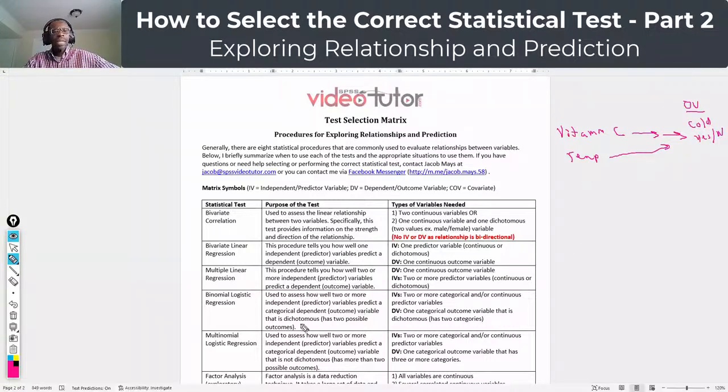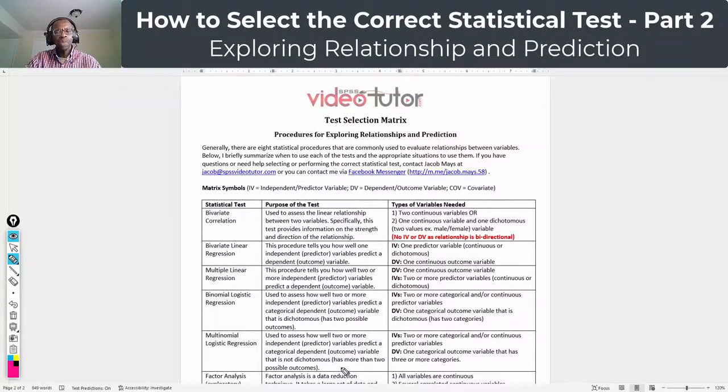Now, for a multinomial logistic regression, we have a situation where your outcome variable has 3 or more categories. Used to assess how well 2 or more independent predictor variables predict a categorical dependent outcome variable that is not dichotomous or has more than 2 possible outcomes.